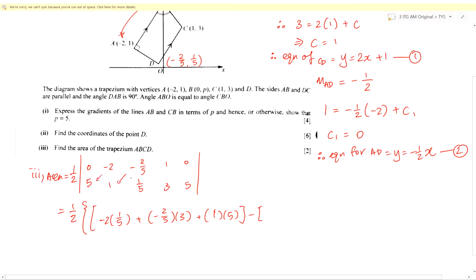This way. Negative 2 times 5, negative 2 over 5, and 1, 1 and 1 over 5, and we're not going to bother writing 0 and 3. So when you work this out, you will get 6.8 square units.